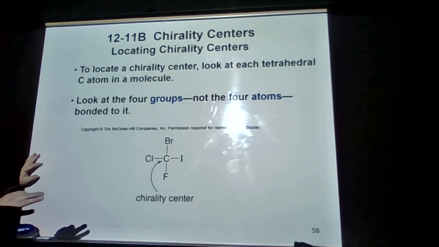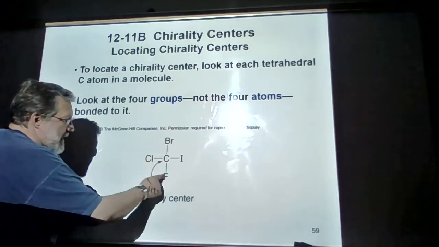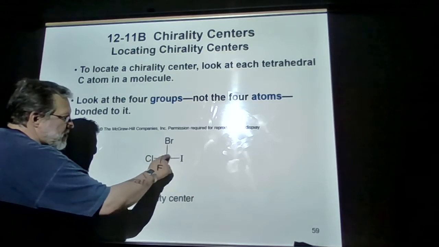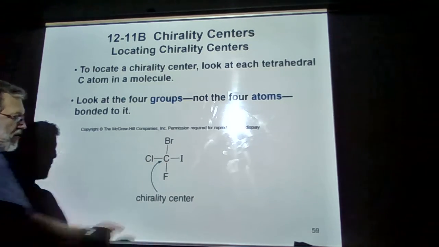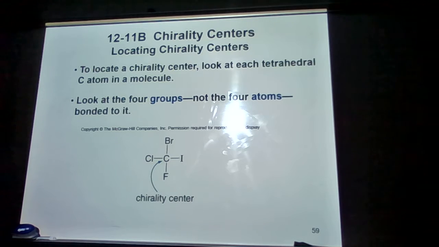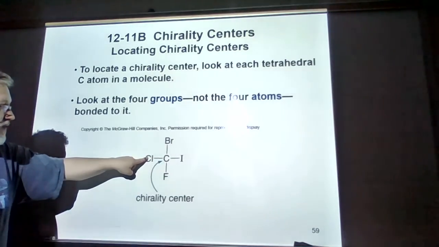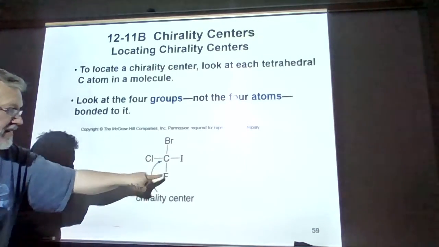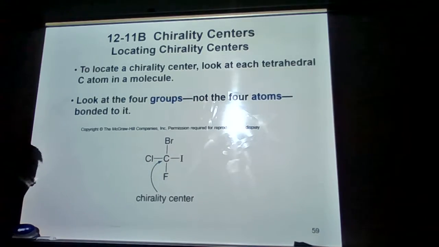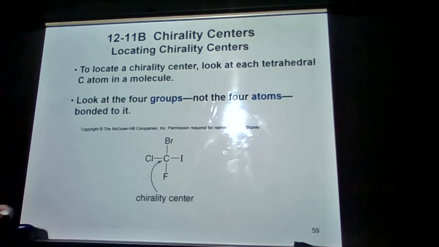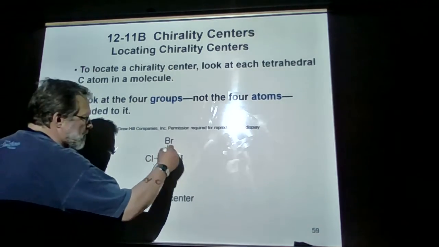Most of the time, you can look immediately at those things that are bonded to the carbon atom. You can do that for many cases. Other times, you have to look and see, well, maybe this is a carbon, this is a carbon, that's a carbon, but you have to go further than that to see if the molecule is chiral.